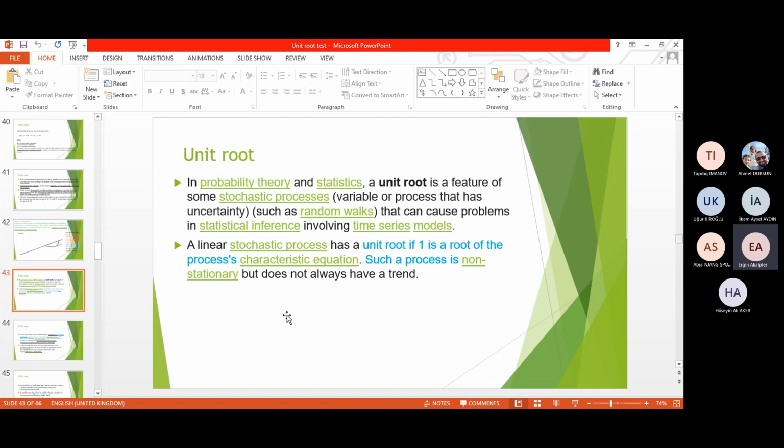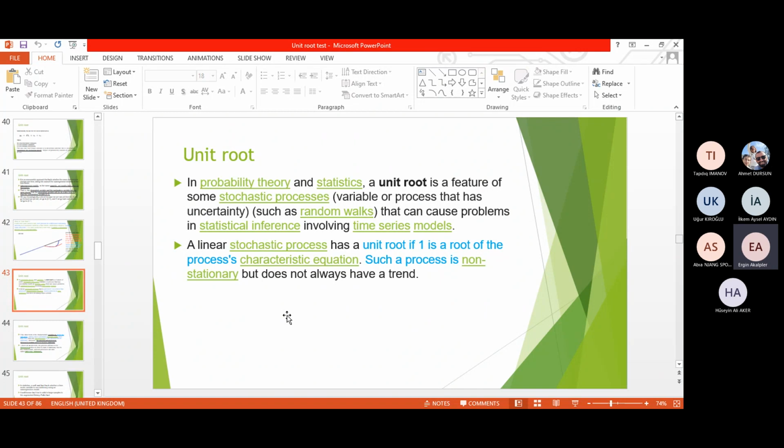A unit root is a feature of some stochastic processes, variables or processes that have uncertainty such as random walks, which can cause problems in statistical inference involving time series models. A linear stochastic process has a unit root if 1 is a root of the process's characteristic equation.